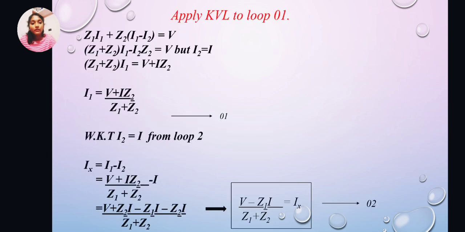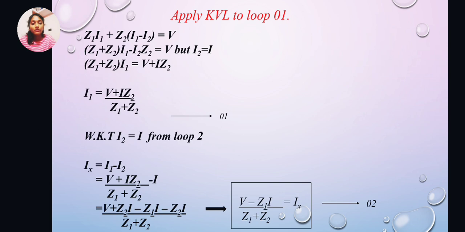So after that, we have to apply KVL to loop 2 and loop 1 separately. The first is to apply KVL to loop 1. After applying, we'll get Z1 I1 plus Z2 (I1 minus I2) equals V. So that is (Z1 plus Z2) into I1 minus I2 into Z2 equals V. But I2 is equal to I. After substituting the value of I2, we'll get (Z1 plus Z2) into I1 equals V plus I into Z2.